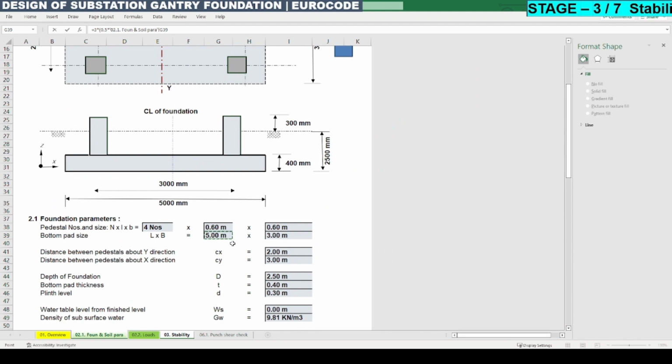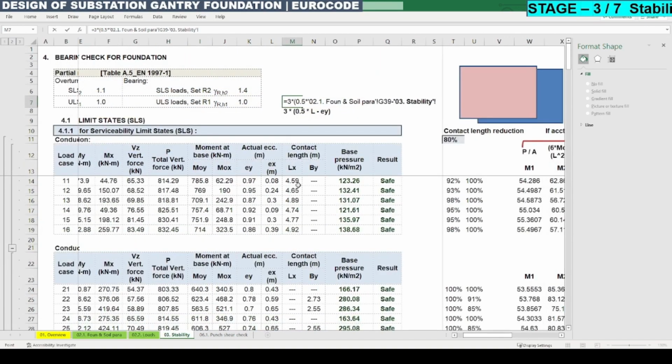So that minus, we already calculated the eccentricity here, and close the bracket, entering. So this eccentricity we need to consider. So now you can see the contact length is 4.59. So this is a simple way of calculating the contact length.